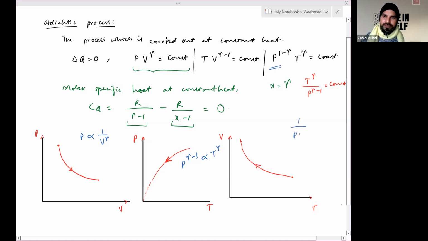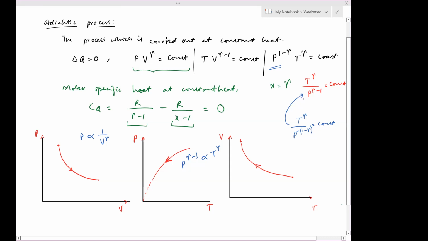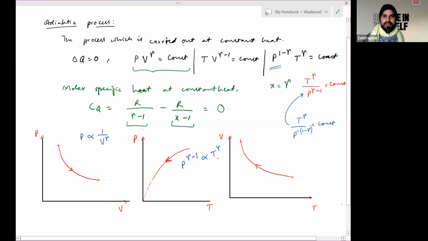1 divided by P to the power of 1 minus gamma equals T to the power gamma. Since on moving any quantity to denominator, its exponent will change its sign from plus to minus or minus to plus. So on moving it to denominator, it will become minus of 1 minus gamma, so gamma minus 1. So you'll get this expression. Saifullah, is it clear? Yes, sir. So using this, we can say pressure and temperature are related to each other directly, but at some different exponent.